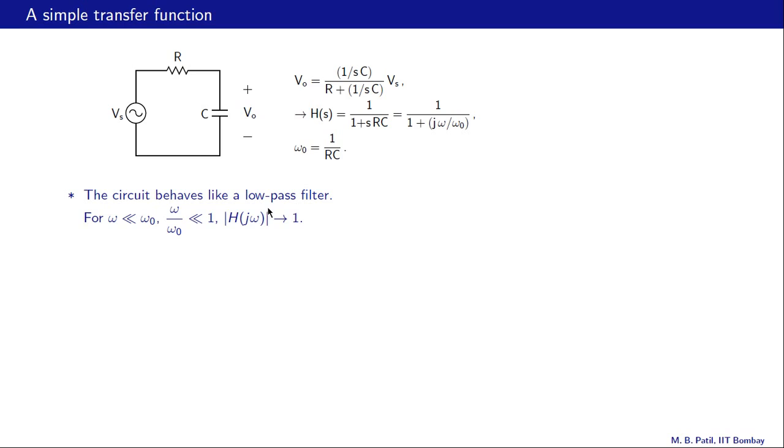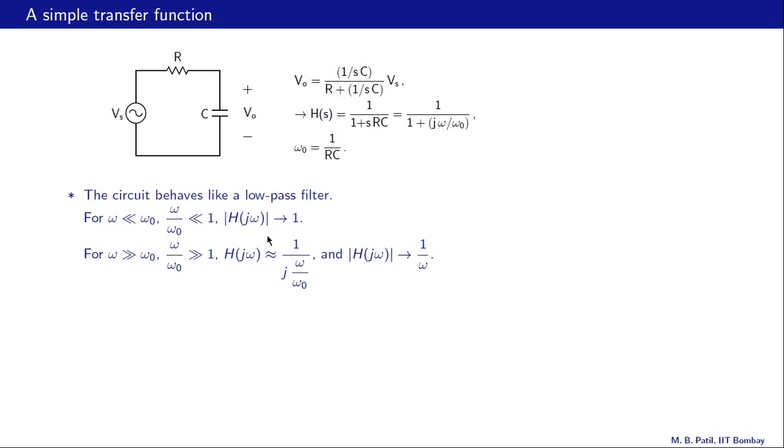And why does it behave like a low pass filter? Let us take a look. For omega much smaller than omega 0, this is the low frequency region now, the transfer function is approximately 1 because this component is very small compared to 1. So therefore there is no reduction in Vo. So Vo and Vs are nearly equal.